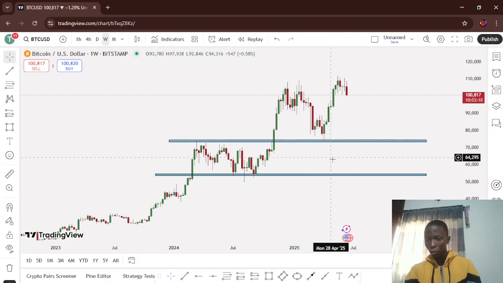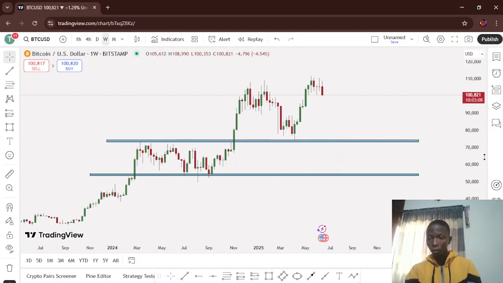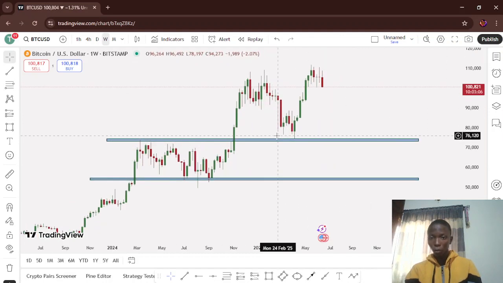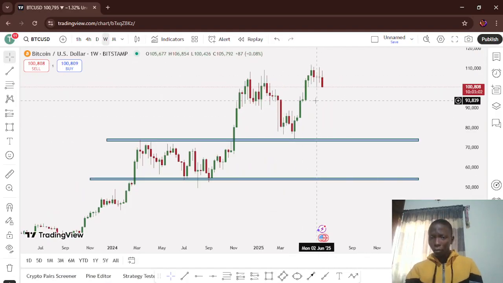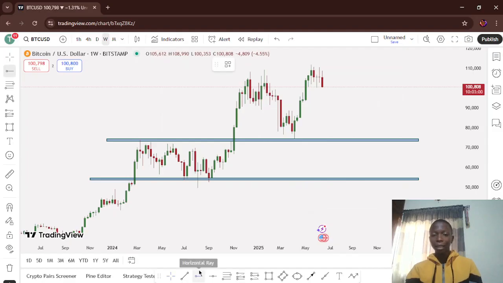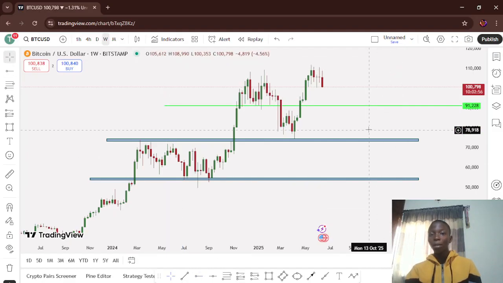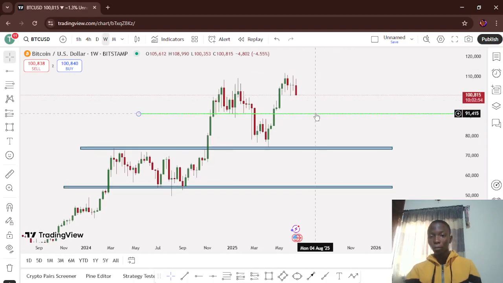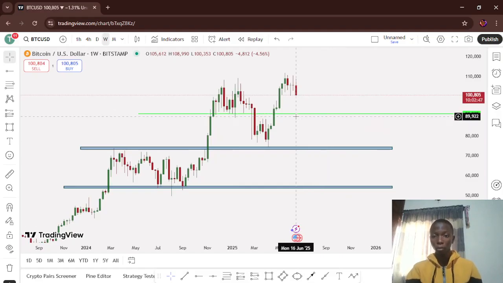If I zoom in really nicely, this looks like a double bottom around here. It rallied all the way to the upside. I think now the market is trying to stick around here. If it wants to pull back, I'd prefer a pullback to this zone, because this looks like a pullback. It looks like it wants to pull back.